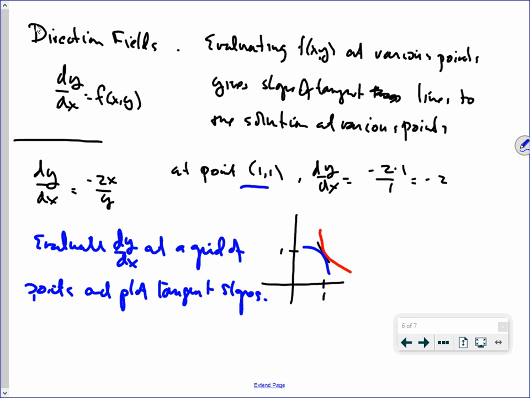The calculator program I gave out the other day, which is titled Slope Field, is the same thing as a direction field.